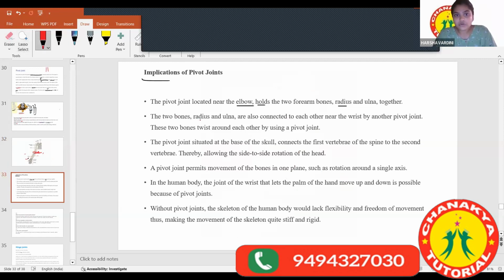The two bones, radius and ulna, are also connected to each other near the wrist by another pivot joint. So here you have the wrist, right? This is your wrist. Whatever movement you can do here, this is the pivot joint. These two bones twist around each other using a pivot joint.